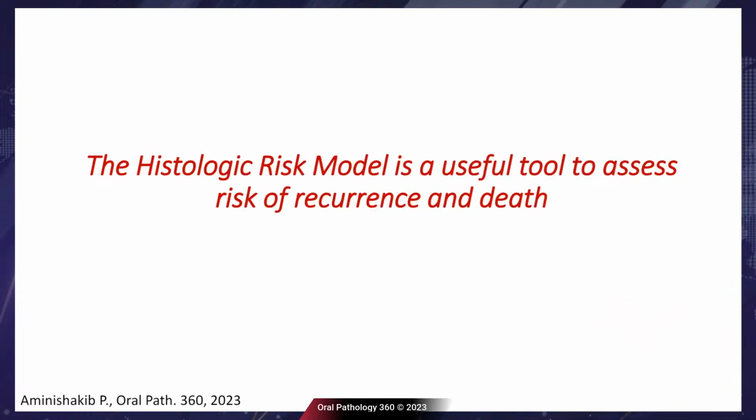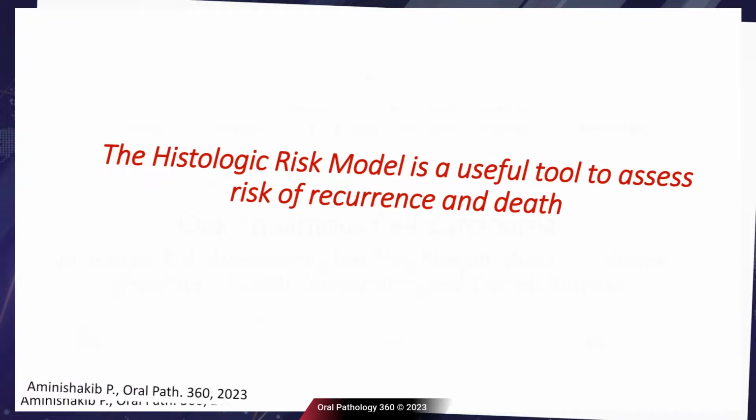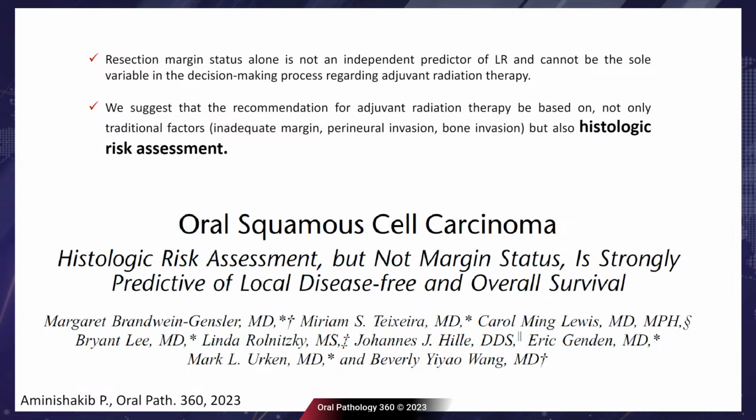Let me introduce the histologic risk model as a useful tool to assess risk of recurrence and death. You can see here this model of histologic risk assessment, reported and introduced by Professor Brandwein, who explained that resection margin status alone is not an independent predictor of low risk and cannot be the sole variable in the decision-making process regarding adjuvant radiation therapy.